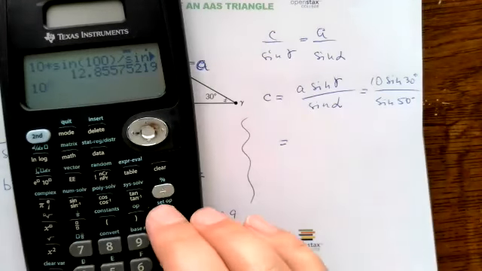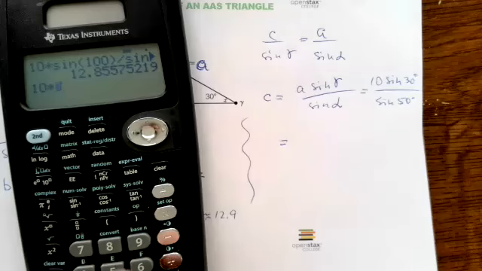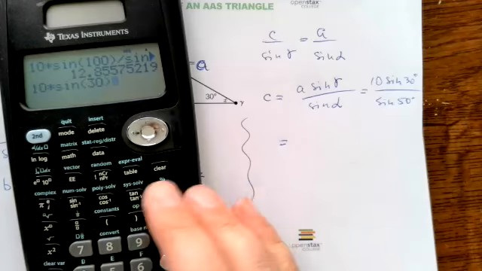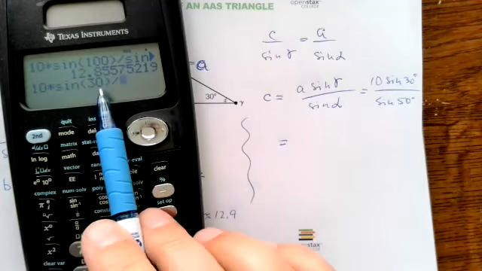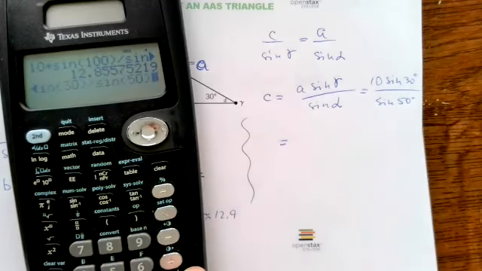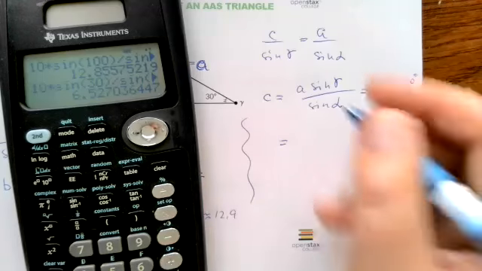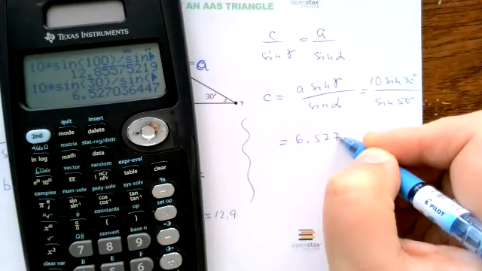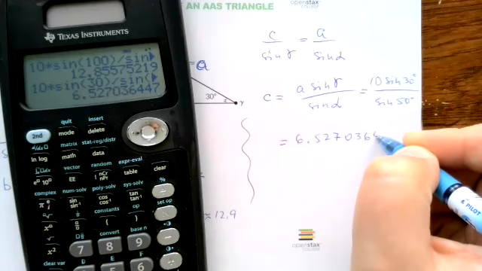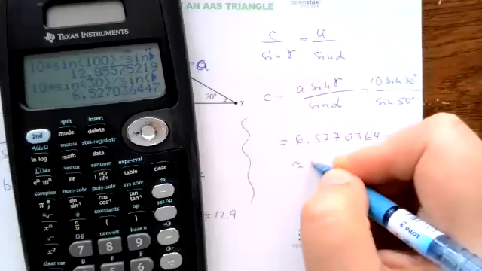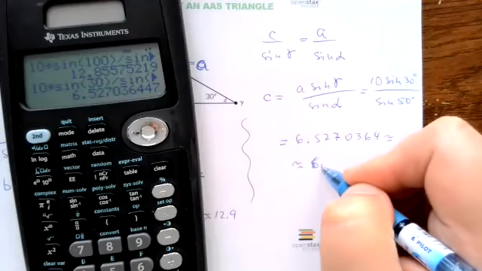So 10 times sine 30. Don't forget to close parenthesis, otherwise you're going to get the wrong result. Sine 50. So I got 6.5270364, which is approximately 6.5.